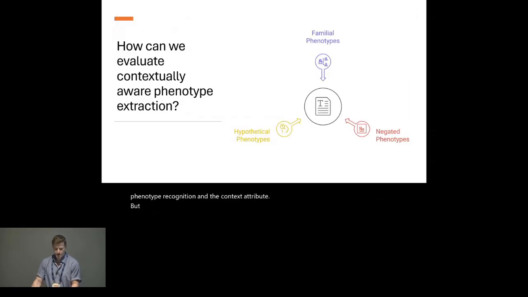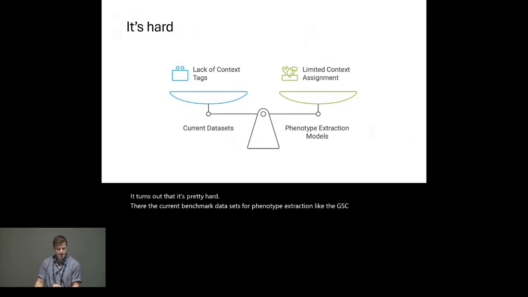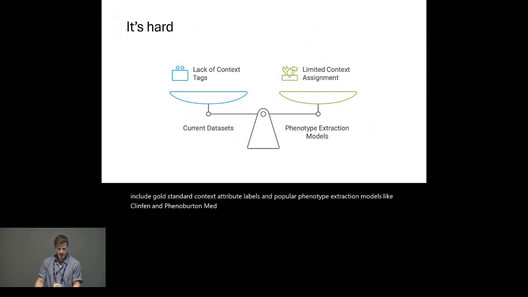But how do we evaluate contextually aware phenotype extraction? It turns out that it's pretty hard. The current benchmark data sets for phenotype extraction, like the GSC and ID68, don't include gold standard context attribute labels, and popular phenotype extraction models like ClinPhen and PhenoBERT and MedSpaCy have limited abilities to assign these context attributes.